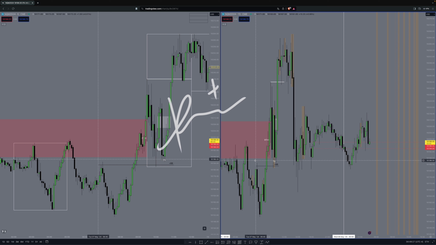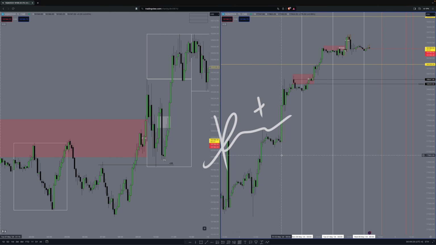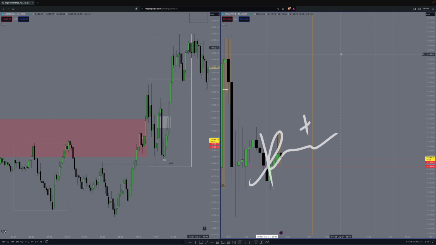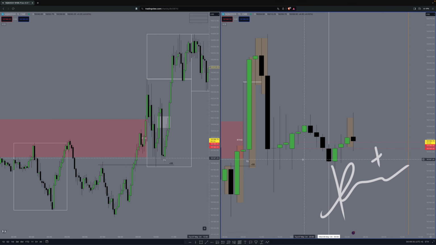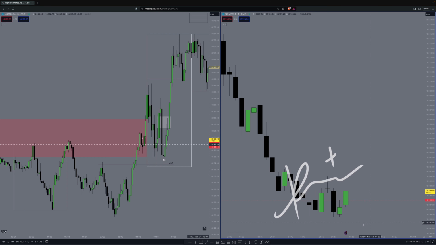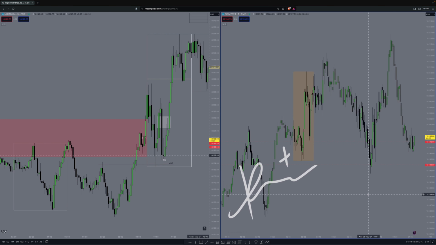And this is also the order block, right? So, as I said, I'm bullish, looking for entries.